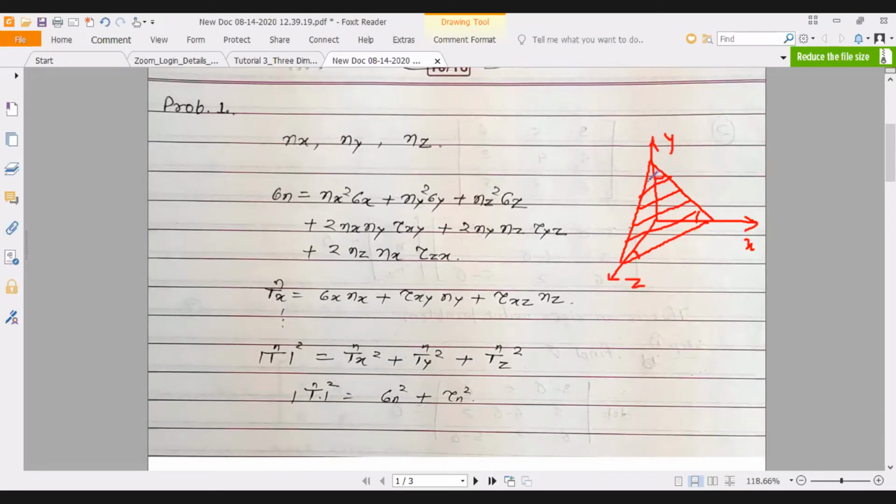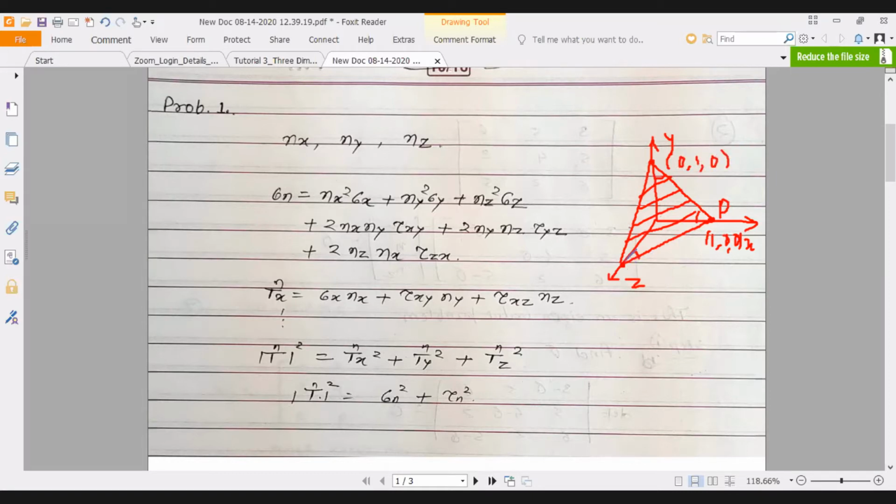With the given data, that is the inclination with the x, y and z axes, you are able to calculate the coordinates of these three points. Suppose this point P is 1, 0, 0, and similarly this would be 0, 1, 0.